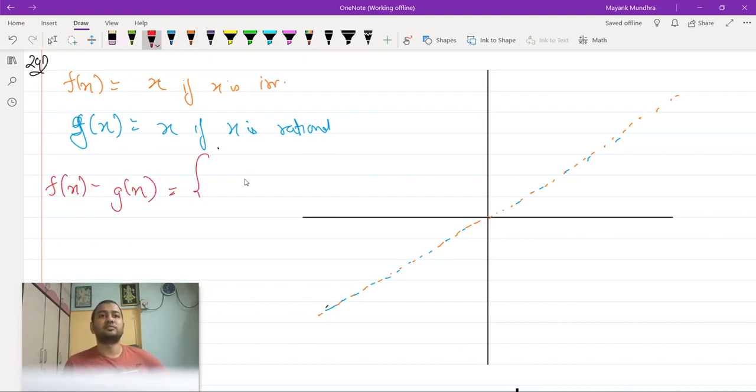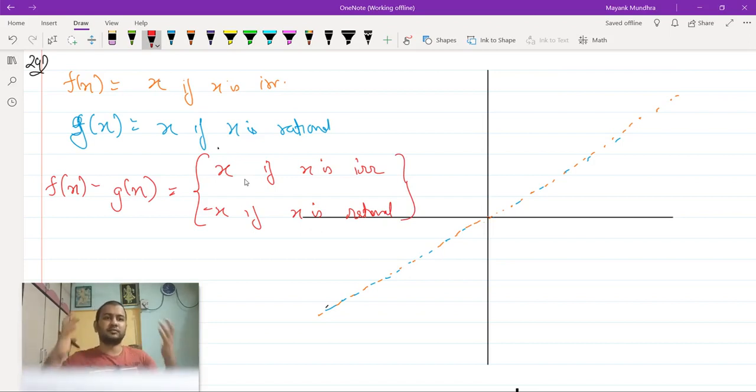So f(x) minus g(x) would be x if x is irrational, and minus x if x is rational. Now is this thing one to one or not? Is it surjective, is it one to one and onto?